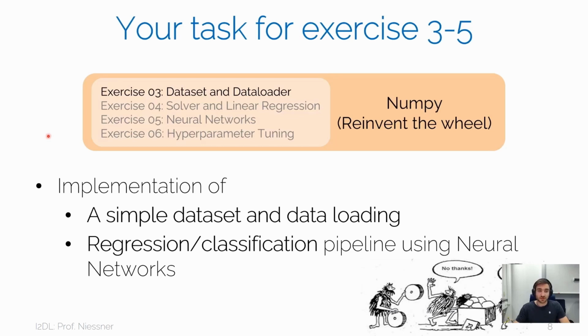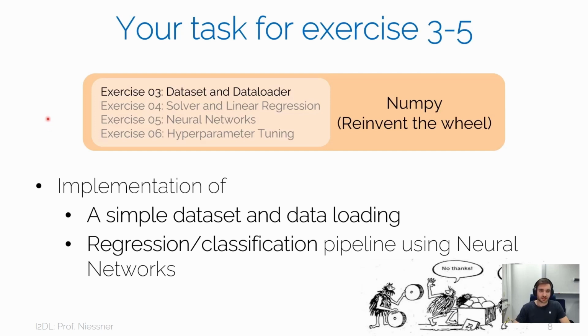The task of the 3 upcoming exercises is actually to, as I said, reinvent the wheel. For that, we're going to implement some of these basic building blocks in NumPy and not directly use PyTorch or so. These cover the data set and a Dataloader block in today's exercise.